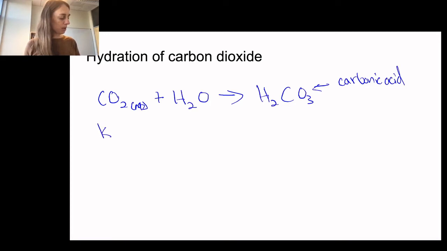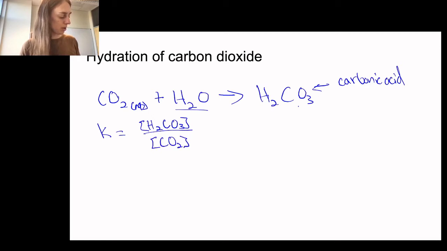So in this case, again, H2O is just H2O. How we write out our equilibrium constant for this is our products on top, so our carbonic acid on top, and our CO2 on the bottom.